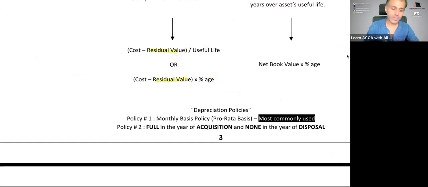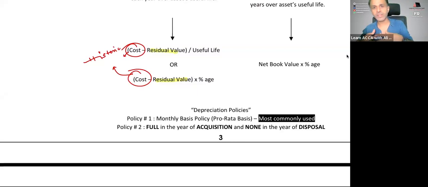The key thing to notice is that this method is based on cost, and cost is a historic figure. So no matter whether the charge is worked out in the first year of the asset, the third year, or the 10th year, you get the same charge every year, because cost is one fixed figure.